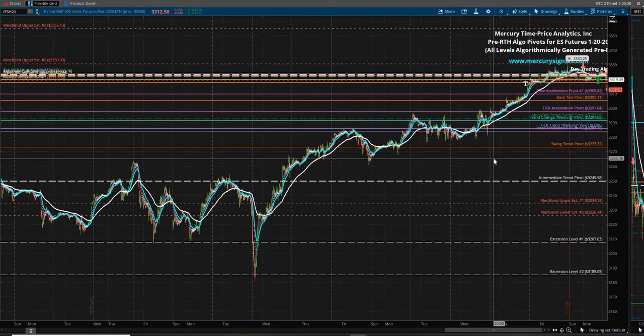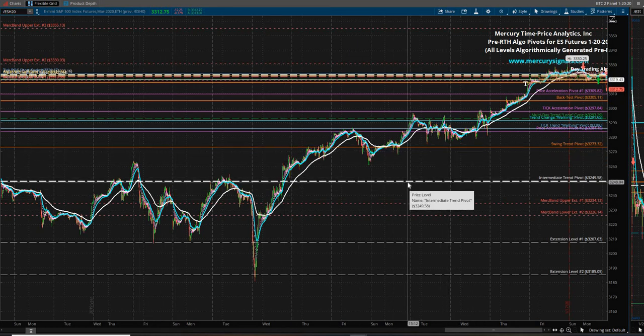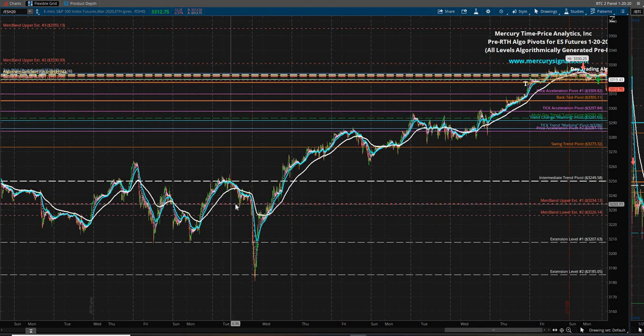We post it on the Slack channel for our subscribers. But more importantly, we overlay these algo levels on the chart. And you can't draw these any better with a pencil and a ruler. You can see here, here, here, this lower extension down here at 32.07. Are we going to see that anytime soon? I don't know. But the algo identifies these levels in advance.